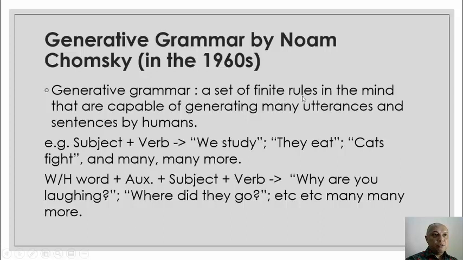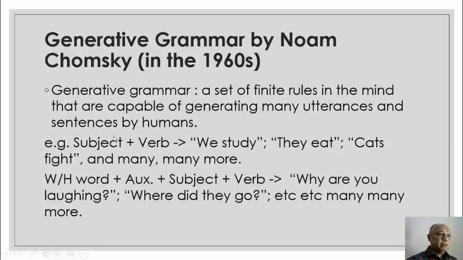Look at the words finite rules and generating here. It's a set of finite rules. Finite means a limited number, right? And generating, those limited rules are capable of generating or producing many utterances and sentences by humans. That is the principle of generative grammar, and that's why it's called generative, because it really generates utterances or sentences.